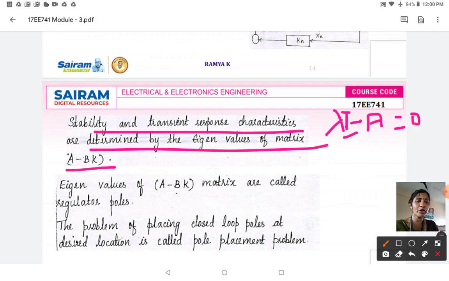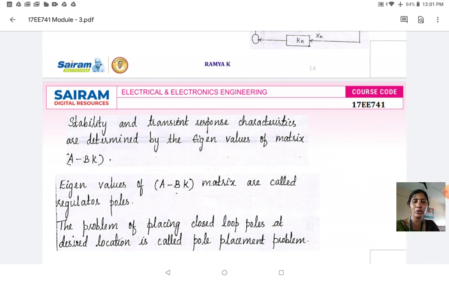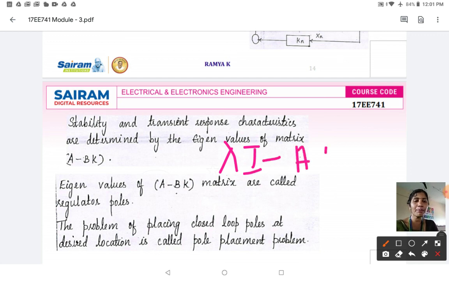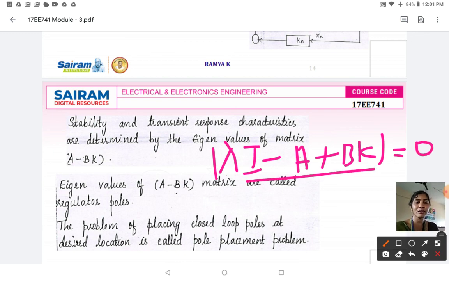Whereas in the case of your closed loop, it is identified as the determinant of lambda I minus A plus BK equal to 0. So the characteristic polynomial equation for a state feedback system is identified by using lambda I minus A plus BK equal to 0. The stability and transient response characteristics are determined by the eigenvalues given here, which are called your regulator poles.